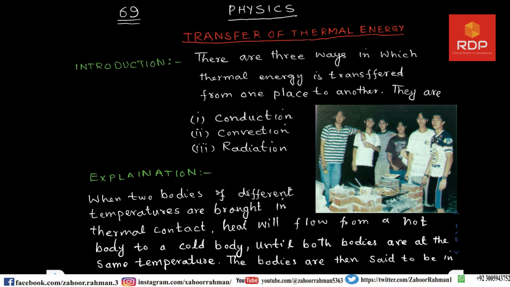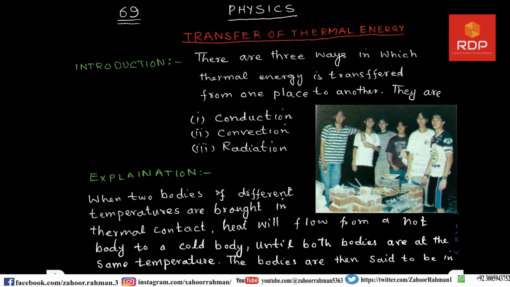Ladies and gentlemen, let us discuss the three processes of heat transfer. You can see I have written there are three ways in which thermal energy is transferred from one place to another. They are conduction, convection, and radiation.